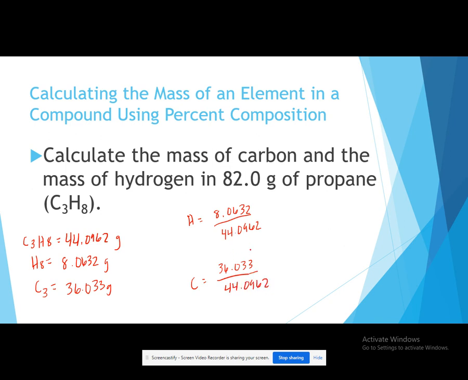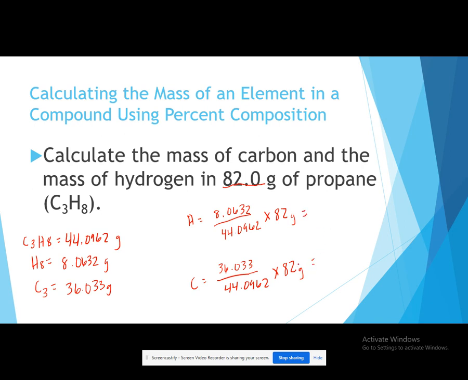Now here's where I said you have to leave it in a decimal. We're not going to multiply by 100 like we have in previous examples. Instead, we're going to take this 82 and we're going to multiply by 82 grams. And we're going to solve that way.